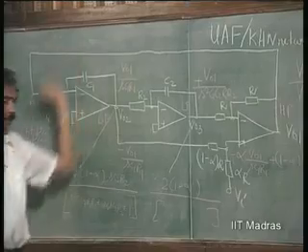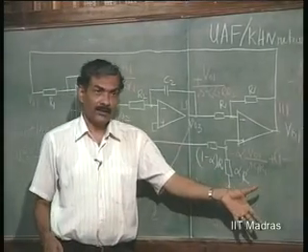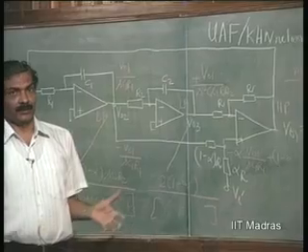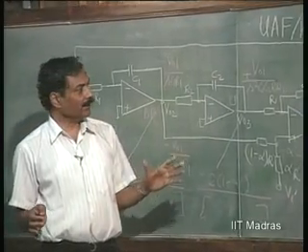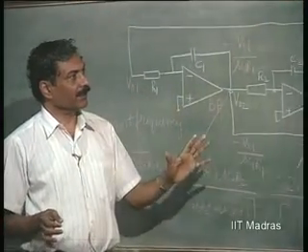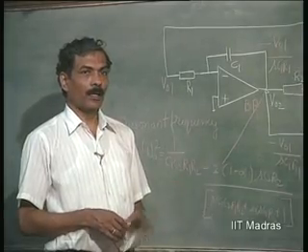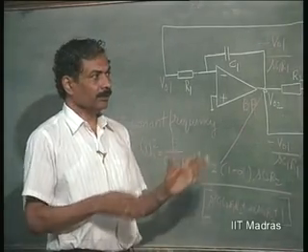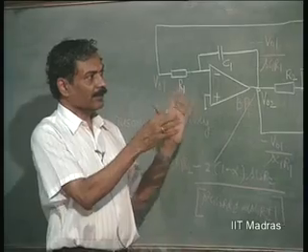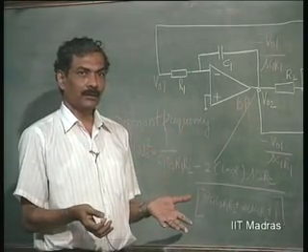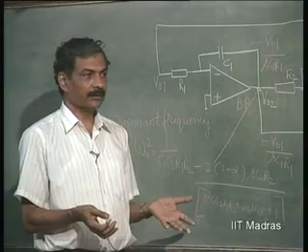The whole block with an additional summing amplifier is available as an integrated circuit for synthesizing any second order transfer function using this block. You can use these blocks successively to generate any higher order filter function.